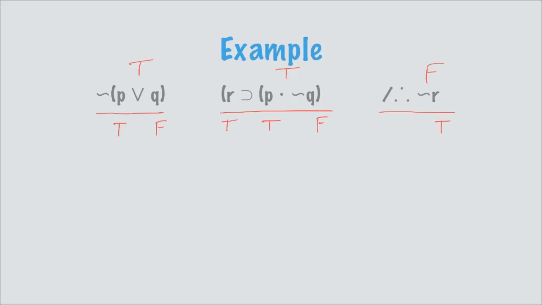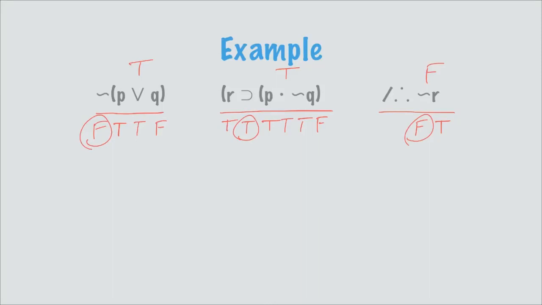So R is true, making not R false, which is exactly what I want. Q is false, which makes that true. P and that true is true. And I have true or false is true, making this false. Now in this case, I have a false premise here, a true premise here, and a false conclusion here.